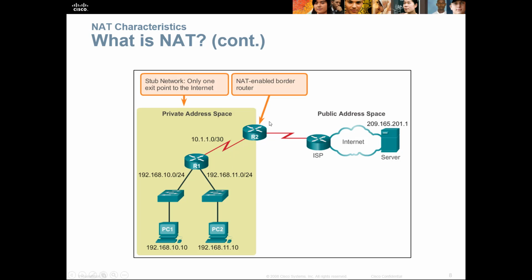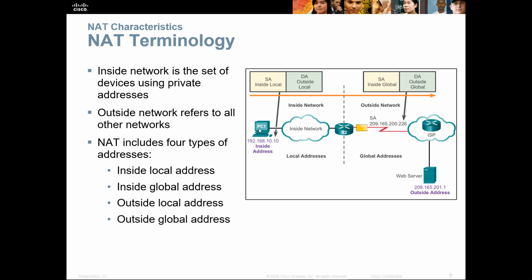As it comes back into R2, it'll be decapsulated and then translated back to the original private IP address. So, NAT terminology: inside local, inside global, outside local, outside global. Those are the key concepts for our NAT addresses.